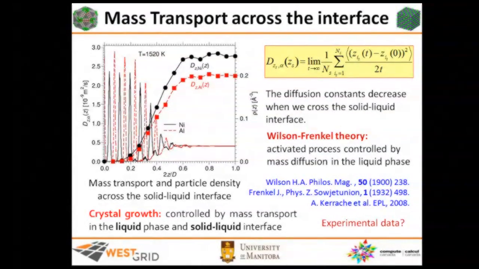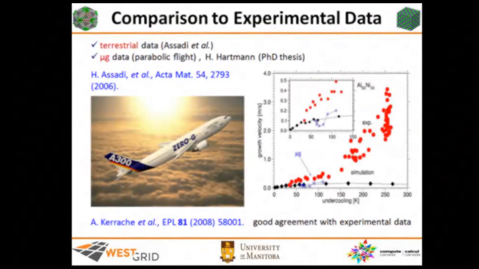These results are compared to some experimental results. In this plot, the red points are experimental results, the black points are the results from the simulation, and the blue points came from microgravity. We see that there is a difference between the experimental and the simulation results. This gap came from the convection when you do the experiment to compute the diffusion.